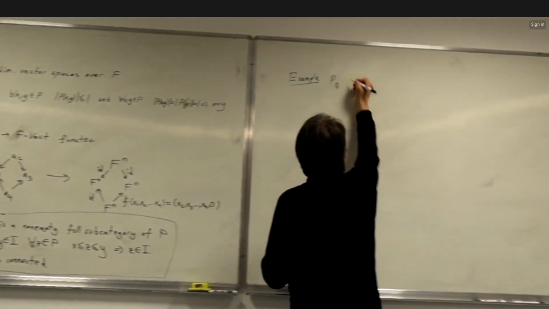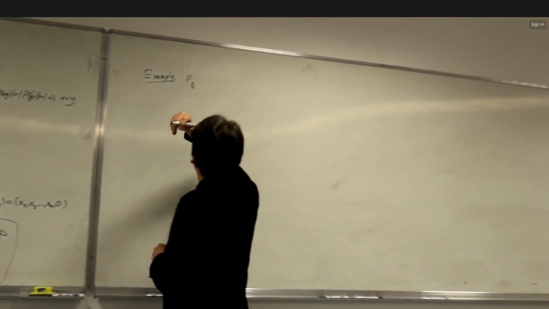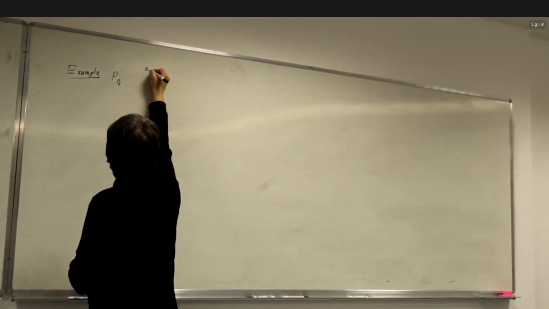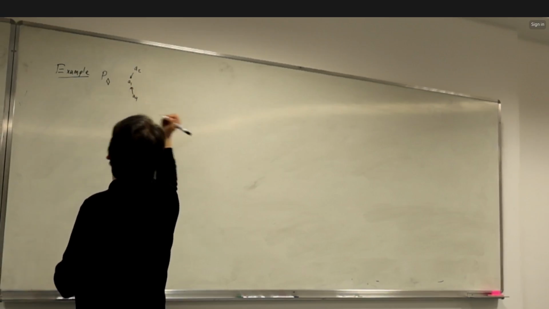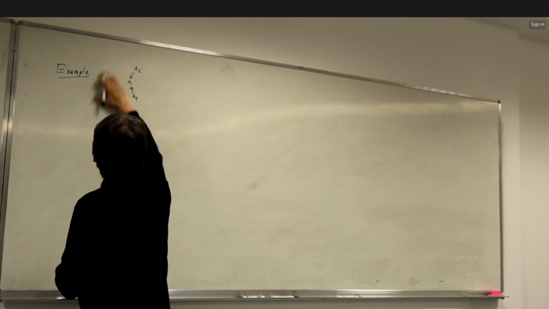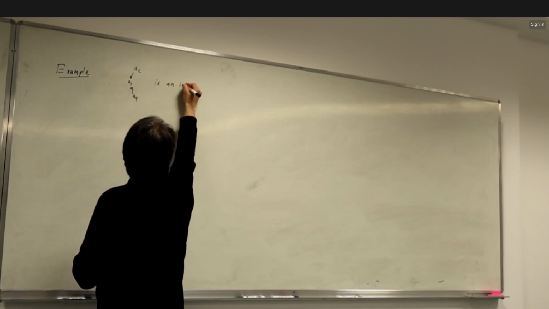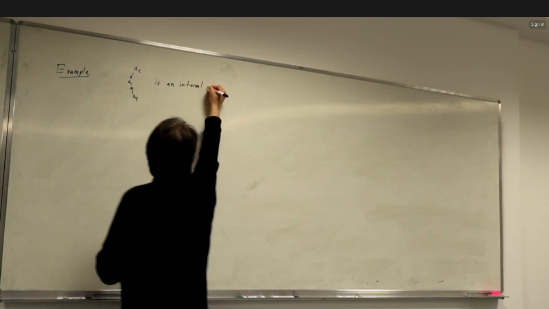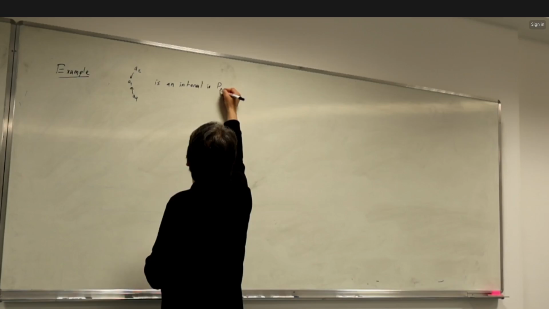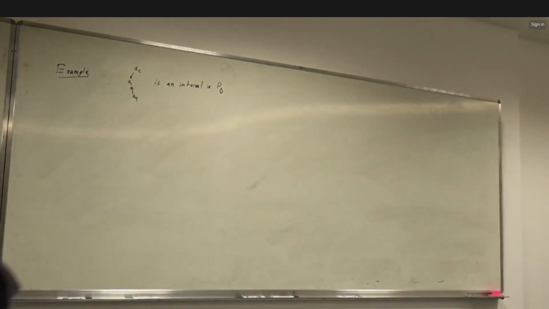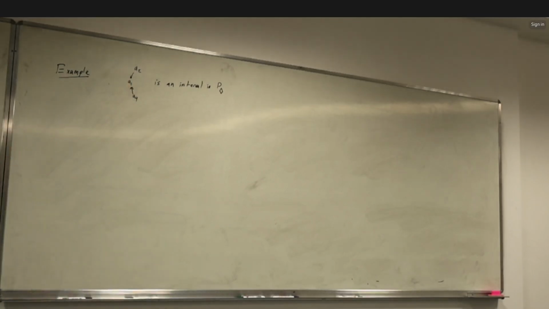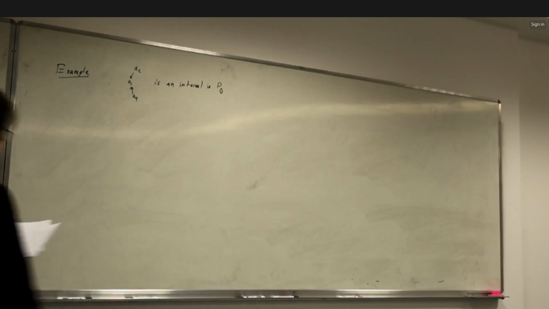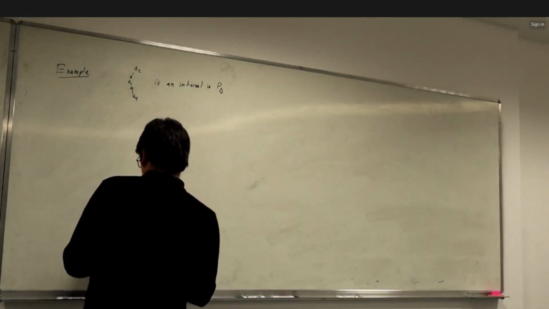In this diamond, I have A2, A1, and then A4 is an interval. Okay, so that's an example of an interval. It doesn't matter if they go in the opposite directions. We still call it an interval.